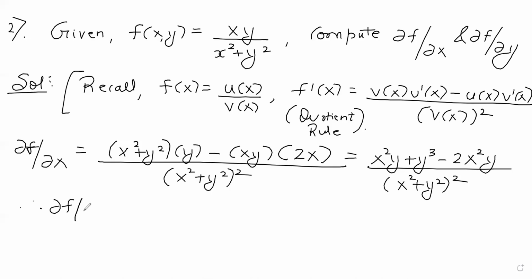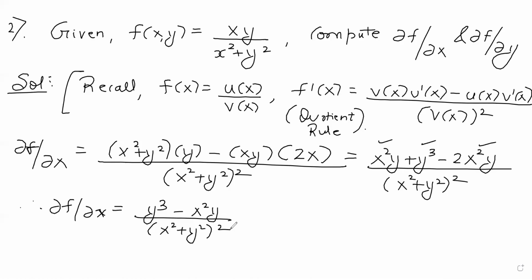So I can say my del f by del x is y cube, x square y minus 2x square y is minus x square y upon x square plus y square ka square.